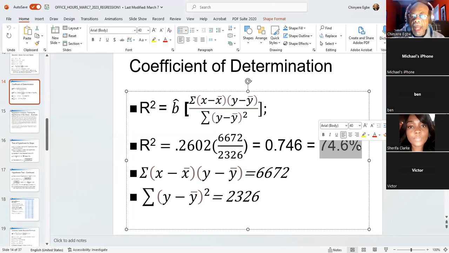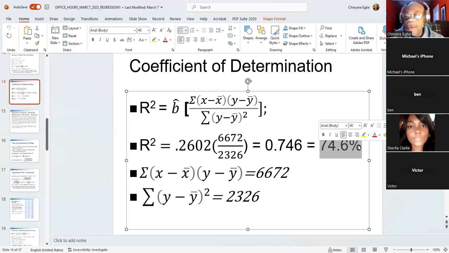And so now it means that 74% of changes in the dependent variable can be explained by changes in the independent variable. So in a sense, a salesperson's performance can be explained by the number of calls they make, but the number of calls explains only 75% of it.